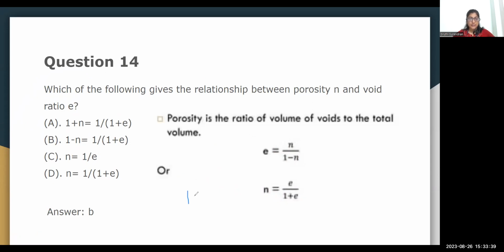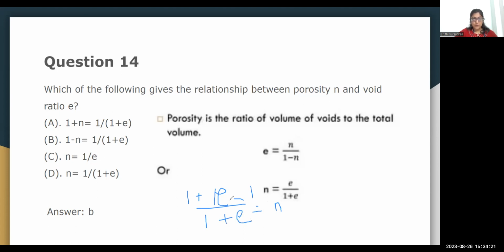When you bring 1 by 1 plus e to the left hand side and take n to the right hand side, it will be 1 plus e minus 1 is equal to n by 1 plus e.